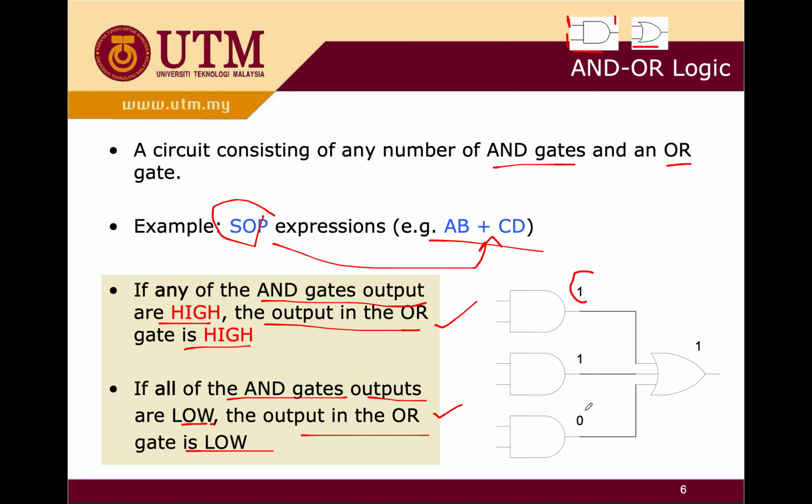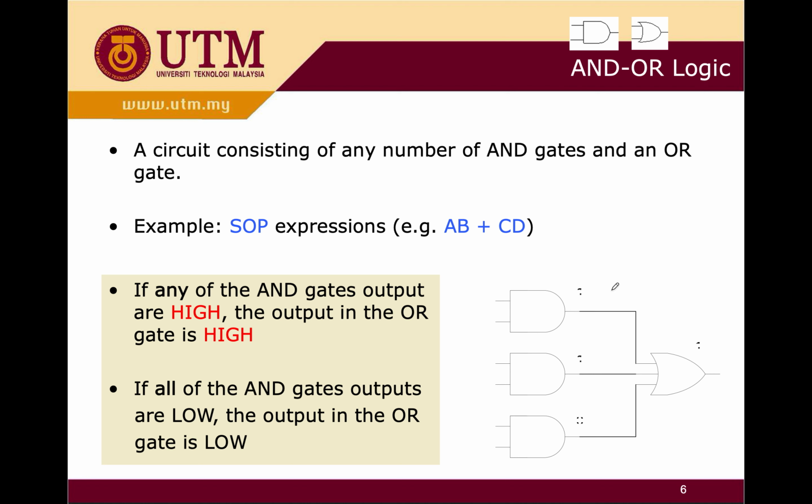Over here it depends, because this one is the OR gate and this one is the AND gate that I mentioned. So here is an example: if your output here is 1, and at least one of the OR gate's inputs is 1, then you will get an output of 1.